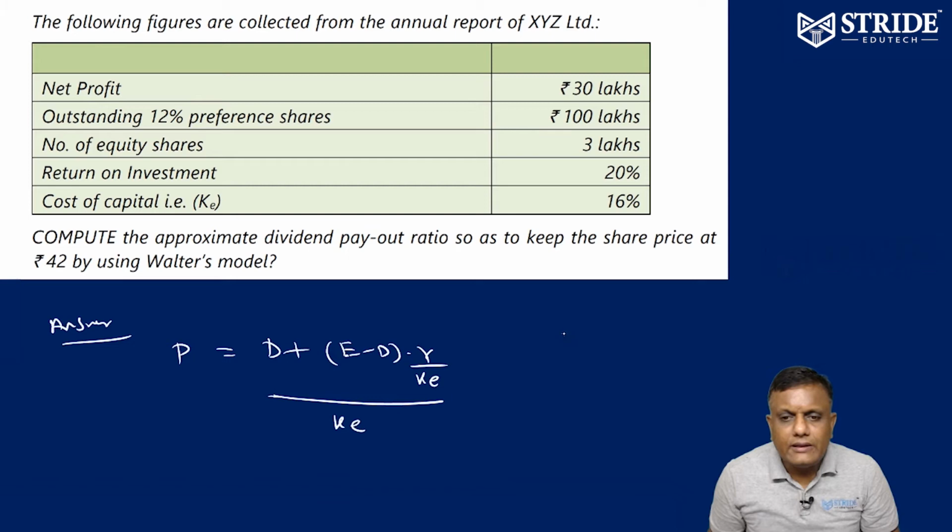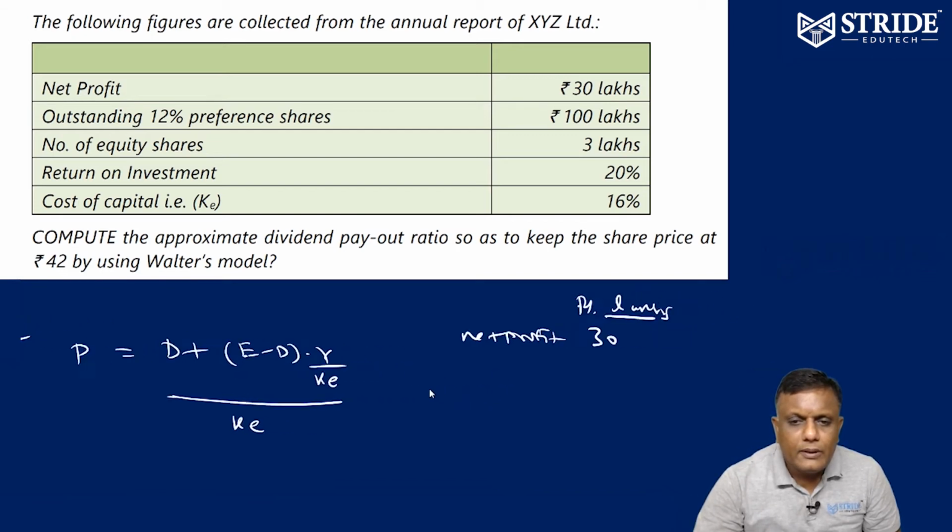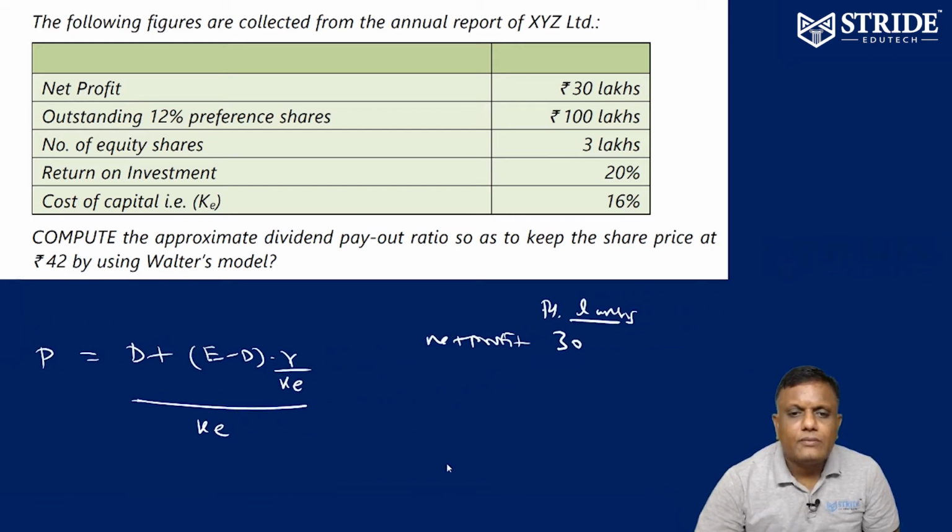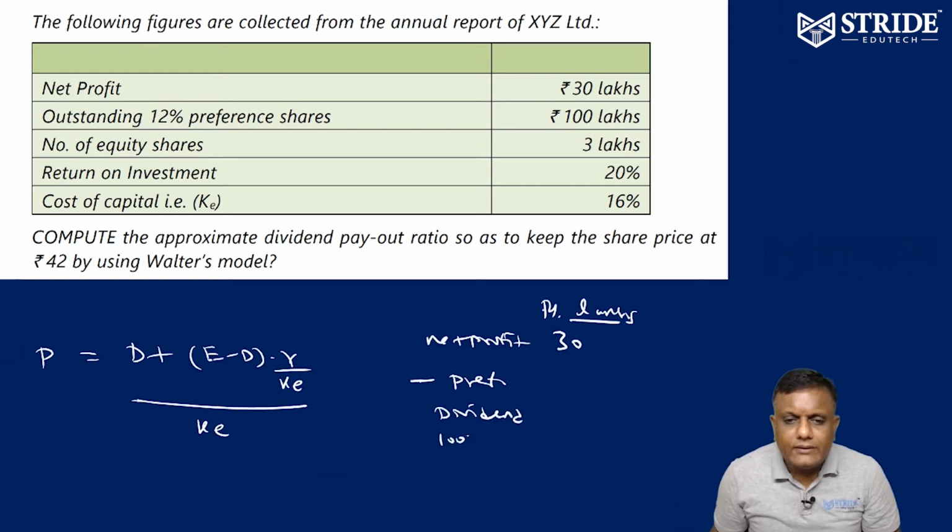The given data: net profit is rupees 30 lakhs, everything in terms of lakhs. Net profit rupees 30 lakhs minus preference dividend, that is 100 lakhs into 12%.